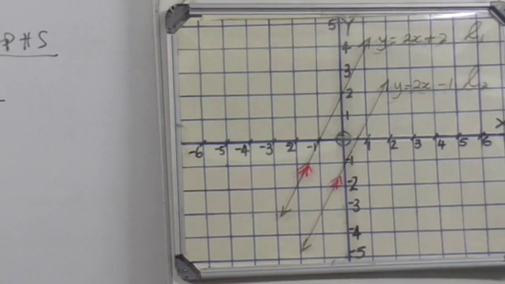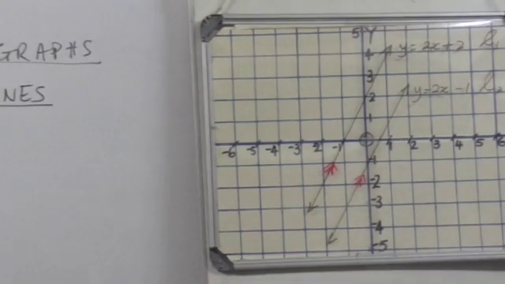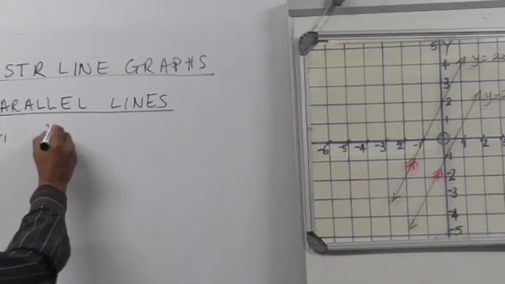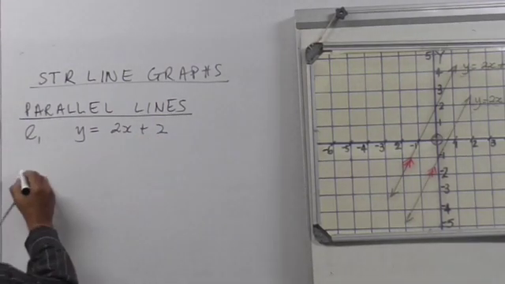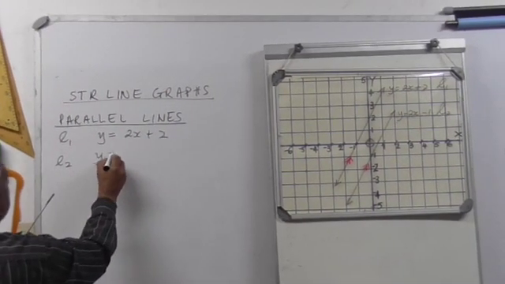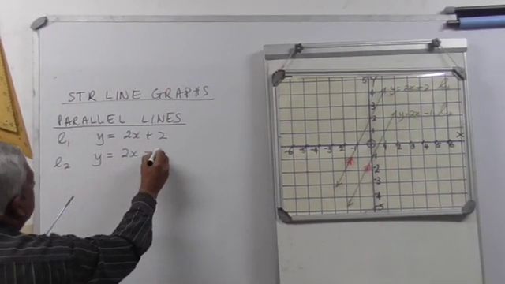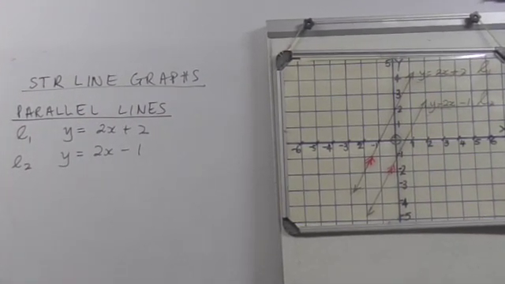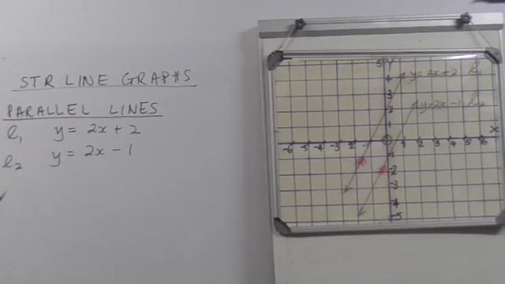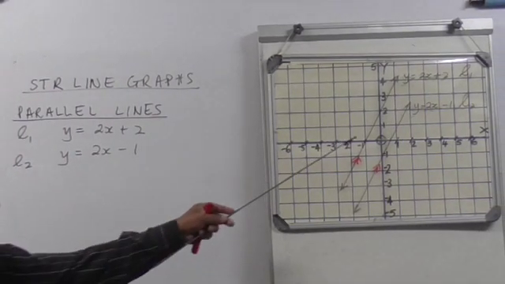If we look at the two lines, line 1 is y is equal to 2x plus 2. Then we have line 2, which is y is equal to 2x minus 1. If you study these two graphs, there is something here that tells you the lines are parallel.